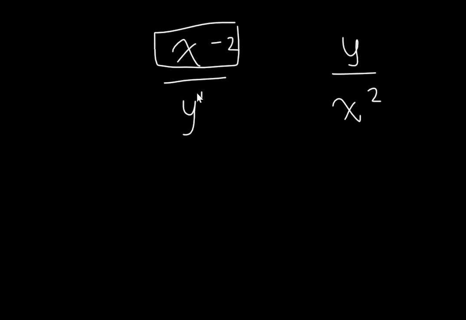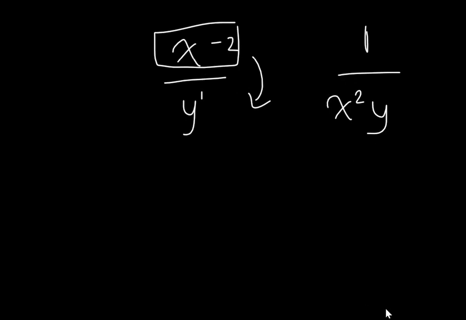You don't need to touch the y at all. So all you need to do here is move this x to the negative second to the bottom. Since there's nothing on the top anymore, you have just 1 here. Then you have x to the second, and then y, because y to the first is the same as just y.